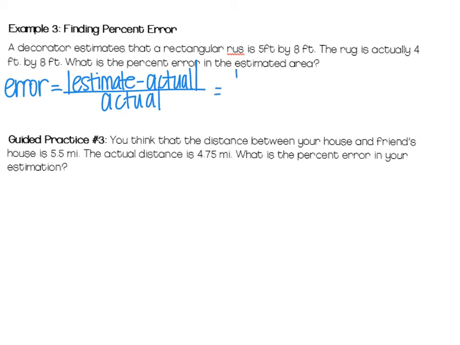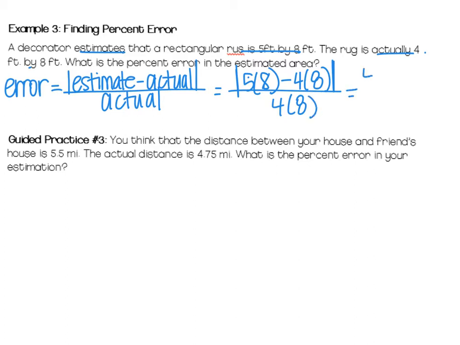So ours is going to be absolute value of 5 times 8, because it tells you that 5 times 8 is the estimate, minus 4 times 8, because it's actually 4 times 8, all over 4 times 8.